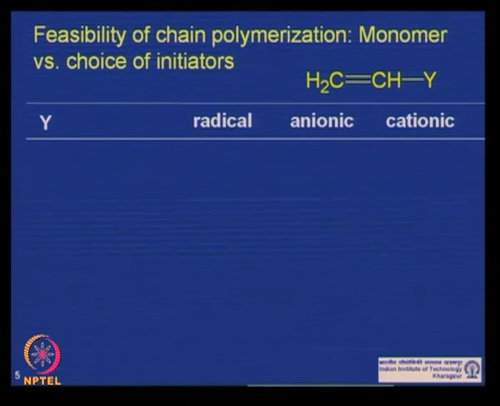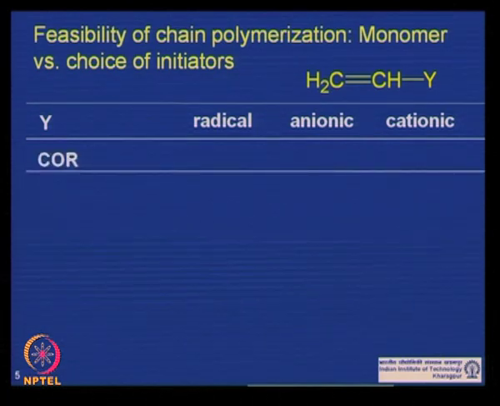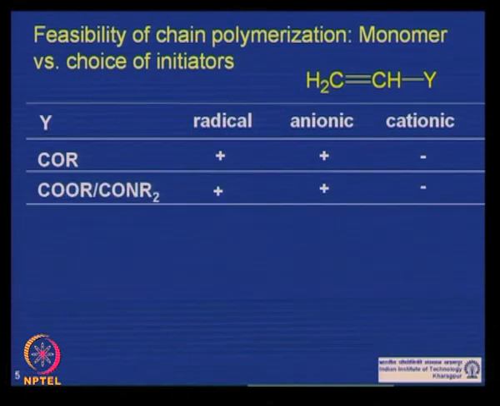So, if I have a simple monomer like this, if I can have Y as COR, then we know it can be polymerized by both radical and anionic. It cannot be polymerized by cationic.